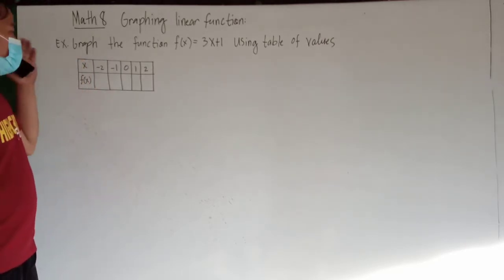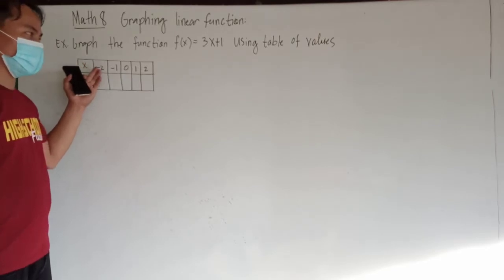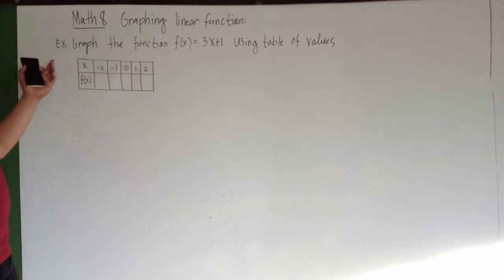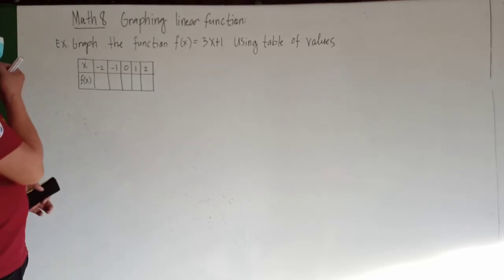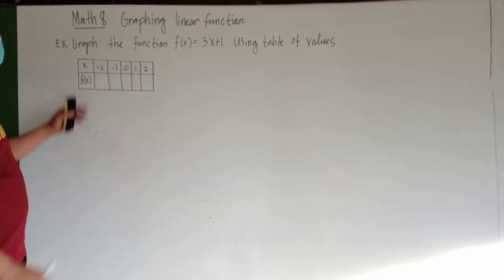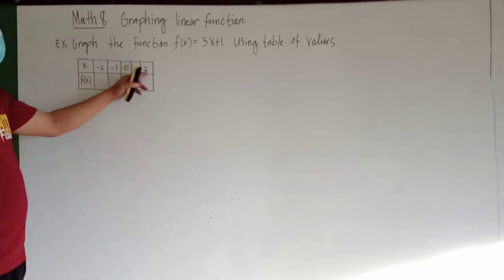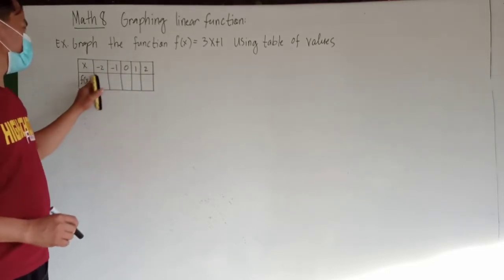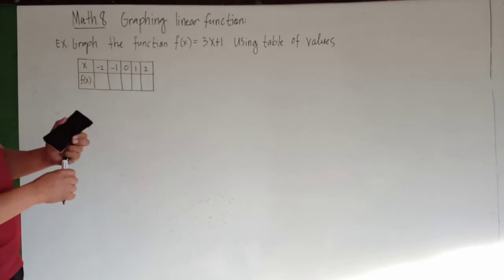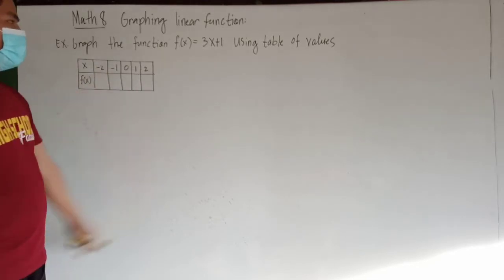We can start from -3 to +3, or from negative to positive, or any number. Here, we are given the values for x from -2 to +2. All we have to do is solve for f(x) given the values of x from -2 to +2.